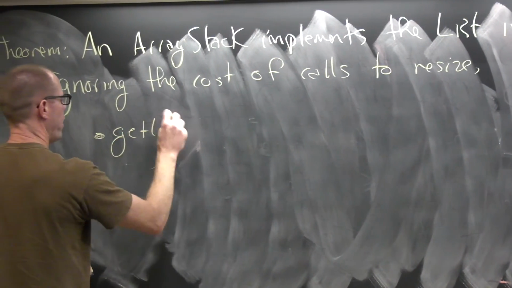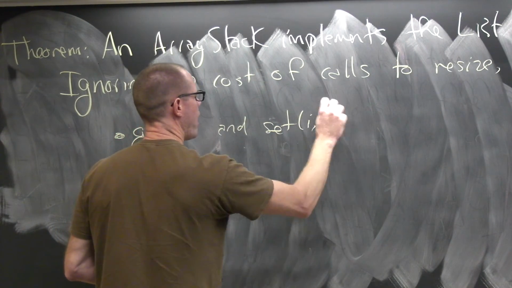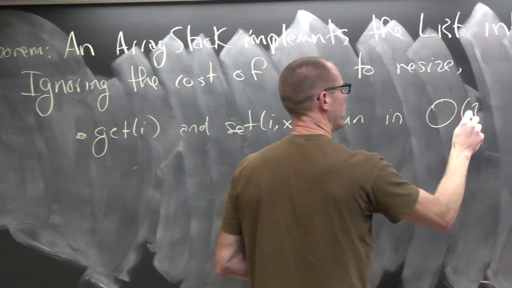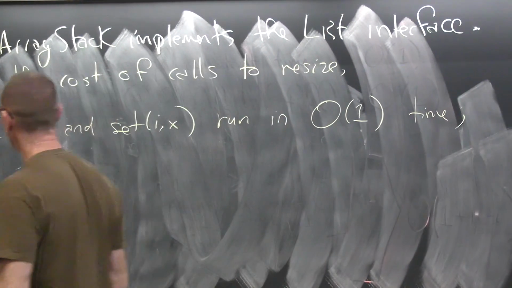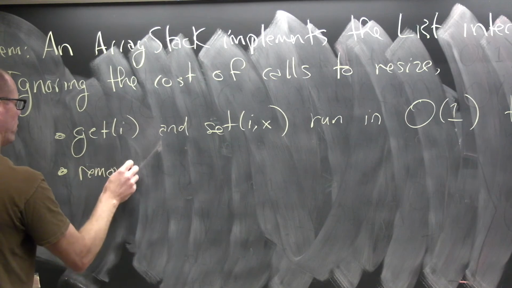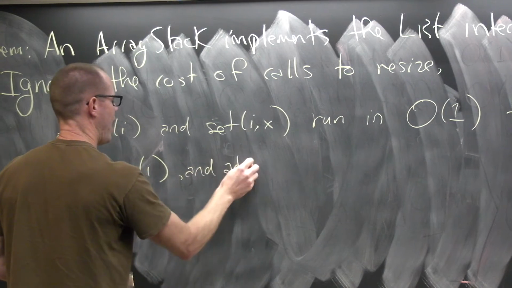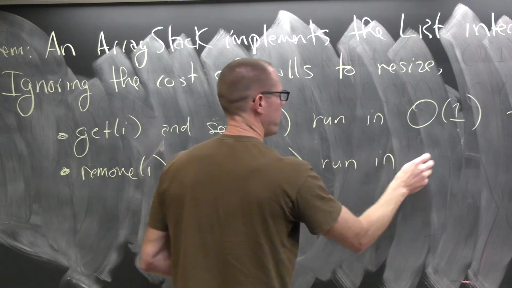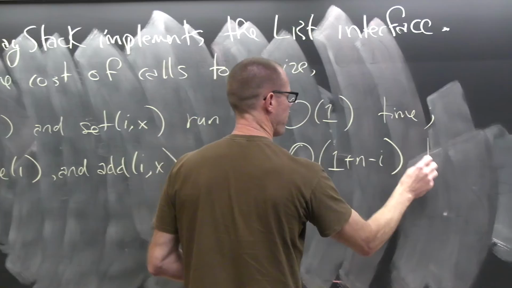Get I and set IX run in constant time, and remove I and add IX run in O of 1 plus n minus I time.